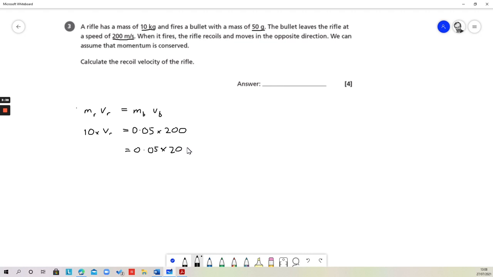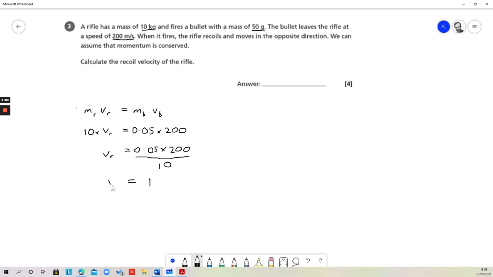Let's just put those in there. Bring the 10 over from that side there, and when we work out what that is, that will give us a value for Vr. So 0.05 times 200 is 10, and 10 divided by 10 is 1.